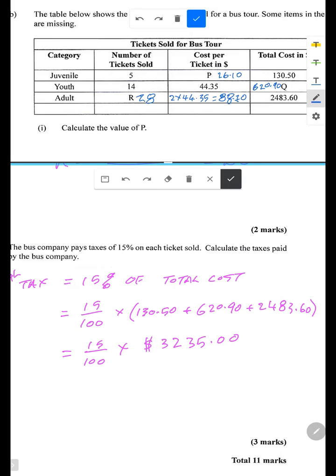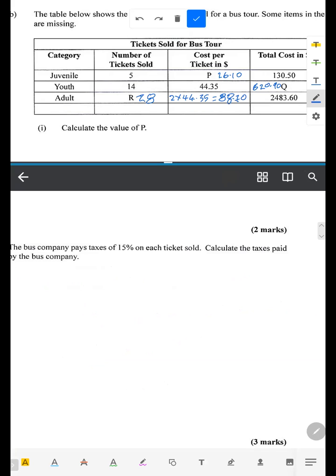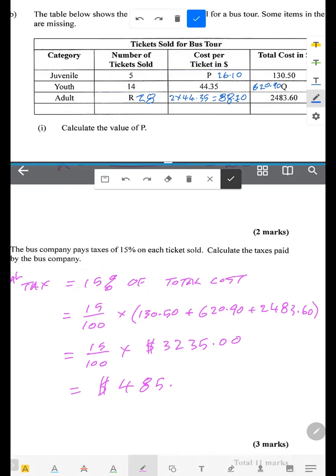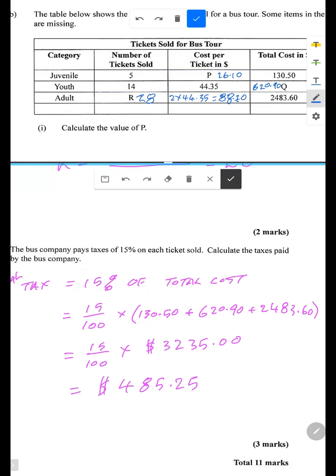And you work out the 15% of that. Tax paid is 485.25. 25 cents, yes, 25 cents, right? All right, so basically that is question 1.